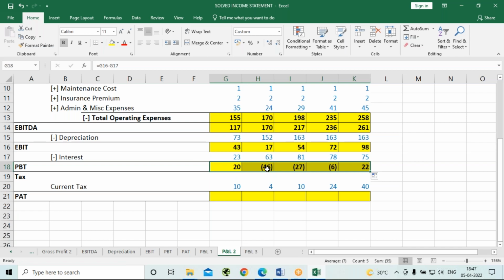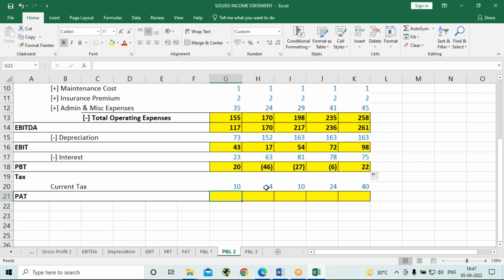So when there is a negative value in the before-tax value, the tax value should actually be nil, because on a negative value we don't have any taxes.